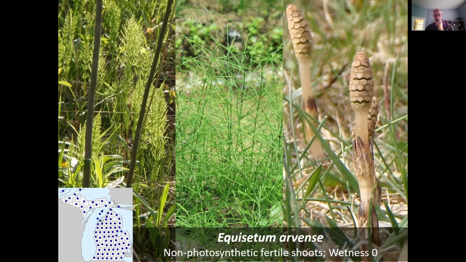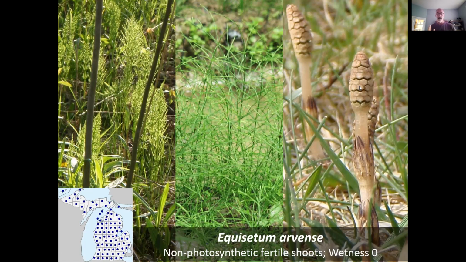Okay, I'll soldier on. Here's, of course, the most common of the Equisetums, Equisetum arvense, and it's literally the common horsetail. I think its most distinctive trait is the reproductive shoot system, which is ephemeral. It only comes up in the spring. It is brown. It does not photosynthesize. So it's achlorophyllous, no chlorophyll. And that doesn't get very tall.